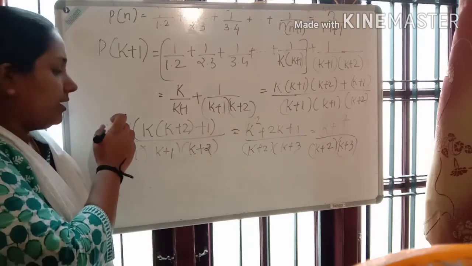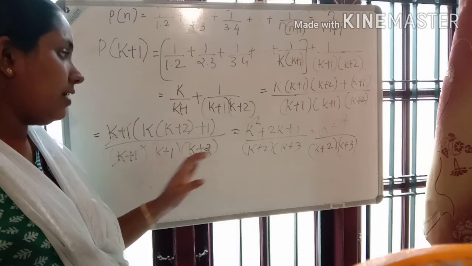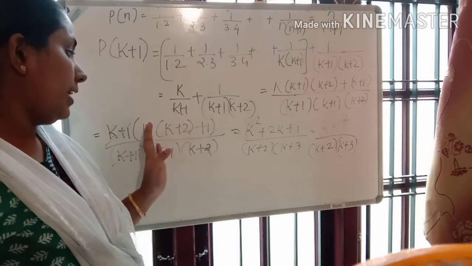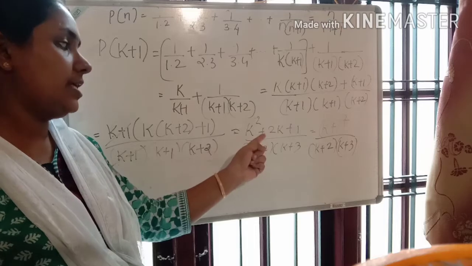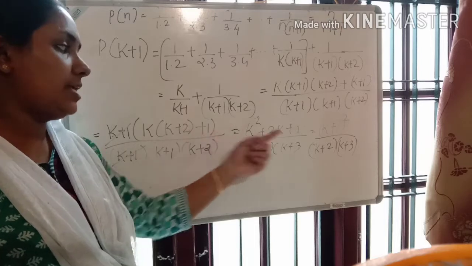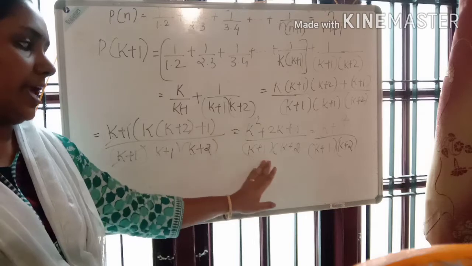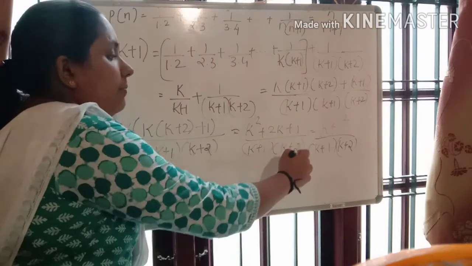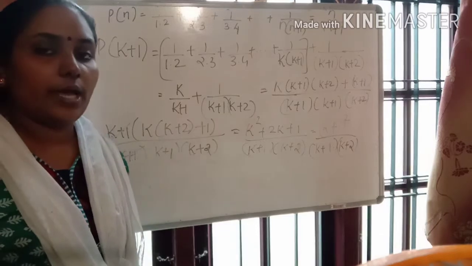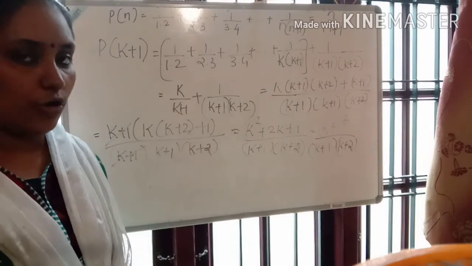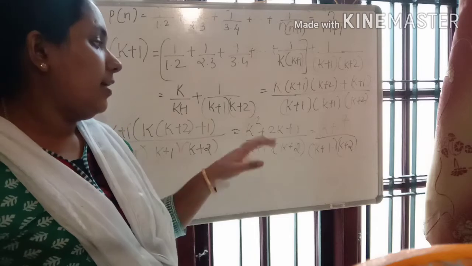Just cancel the k plus 1 on numerator and denominator. The remaining value will be k into k, that is k square, k into 2, that is 2k, plus 1, so k square plus 2k plus 1 divided by k plus 1 into k plus 2. Here, we know the expression of a plus b the whole square is a square plus 2ab plus b square.